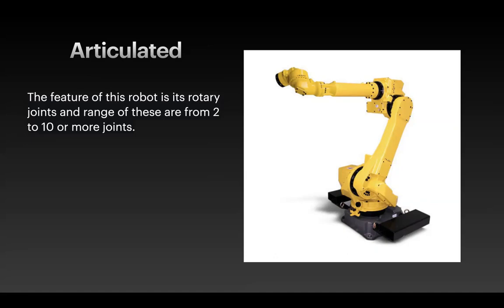You can see in this example, there's one rotating joint here, another one here 2, 3, 4, 5, 6, and probably here also there's one, 7. So this robo arm consists of 7 rotating joints. So this is an example for an articulated robot.